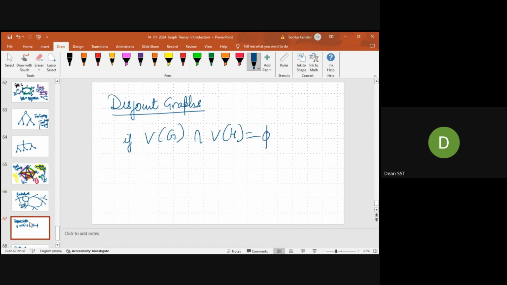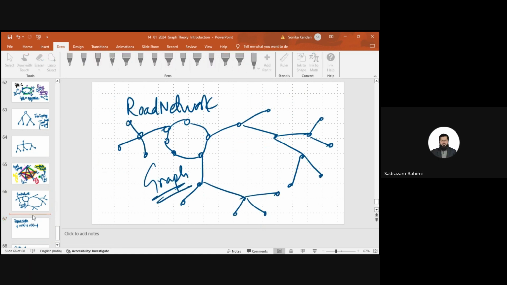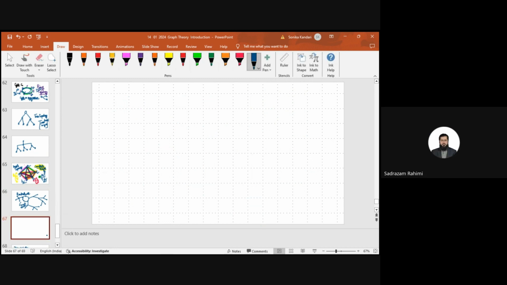Then what do you mean by disjoint graphs? Suppose you have one component of a graph, this, and another component, this. This is the first component of a graph, and this is the second.